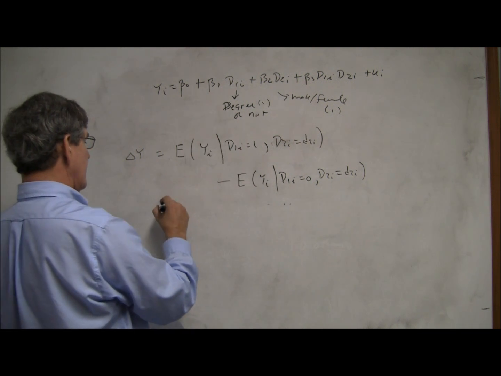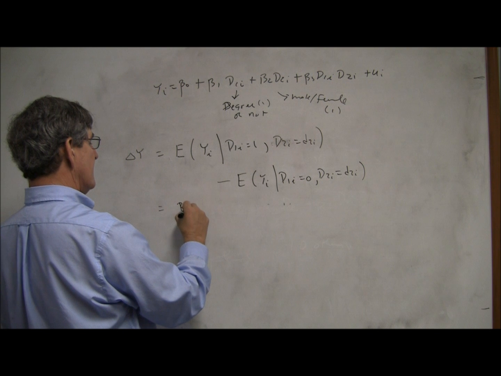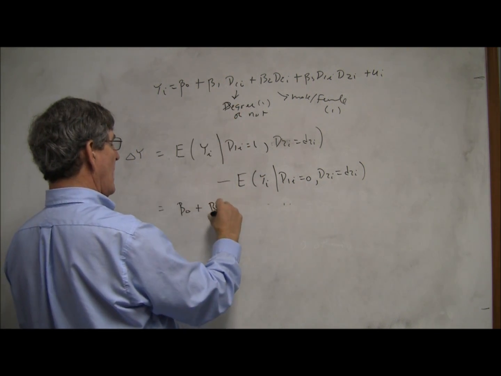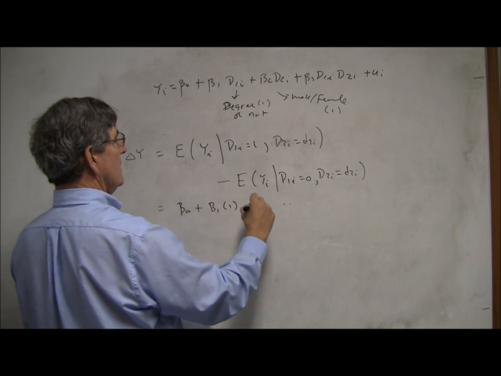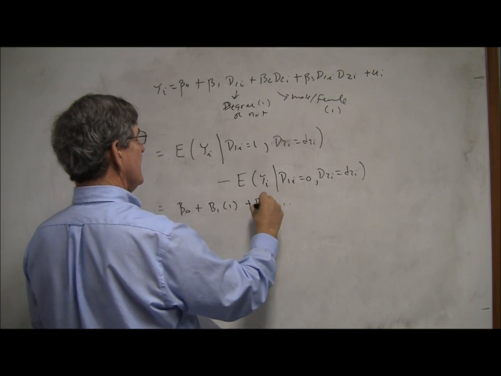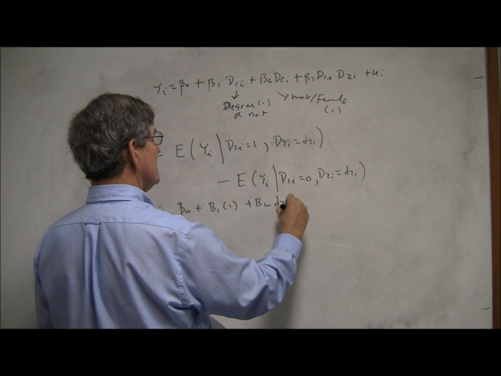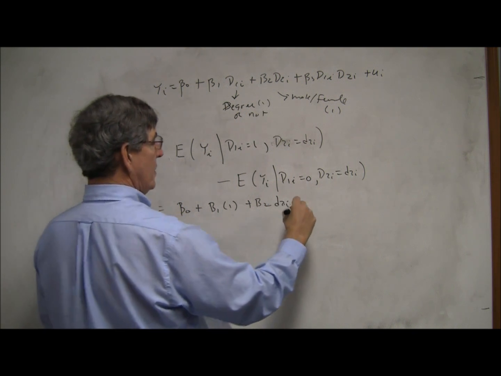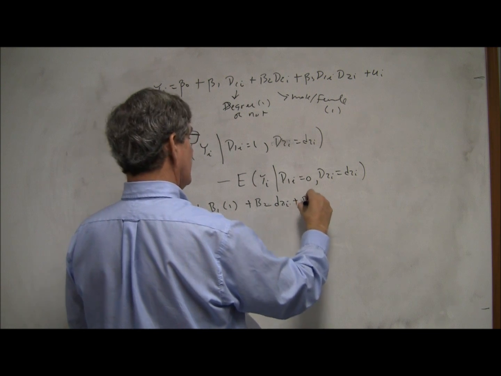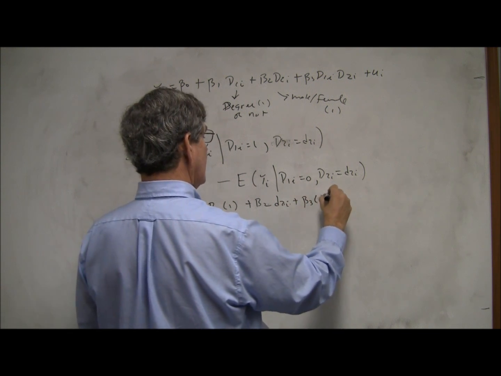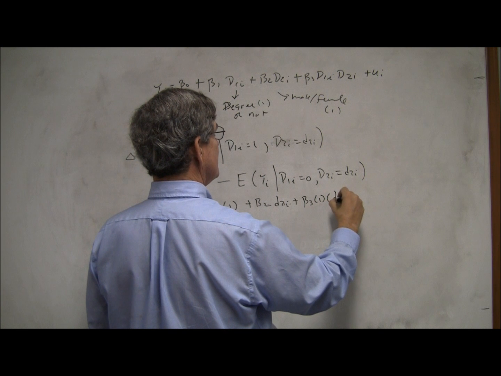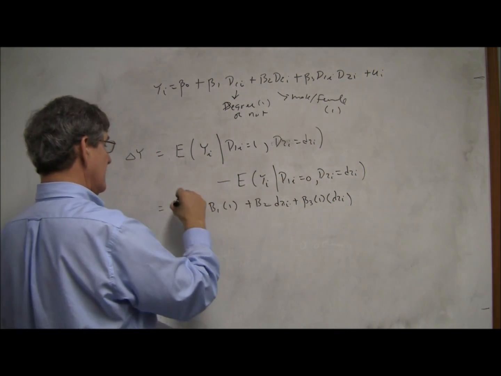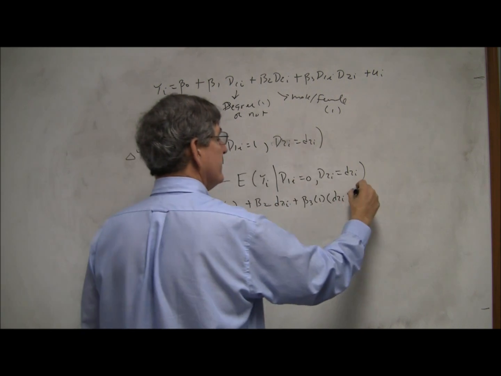So let's just plug these in. So this is beta 0 plus d1i is 1, so we got beta 1 times 1, plus beta 2 times whatever d2i is, 0 or 1, plus beta 3 times 1 times d2i, plugging in for those. So that's this term.